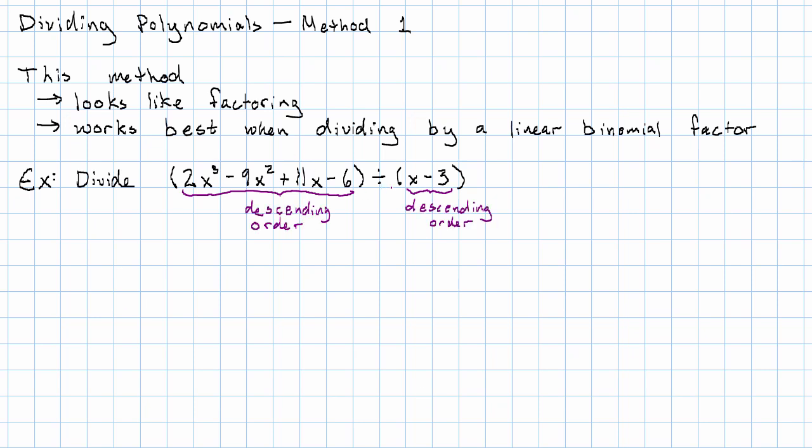We can check quickly that the first term is a factor of the first term. Clearly, x goes into 2x cubed. And the last term is a factor of the last term. Clearly, 3 goes into 6.